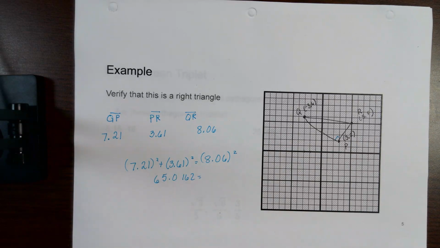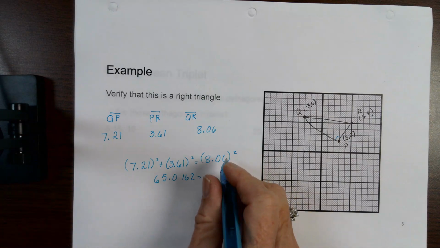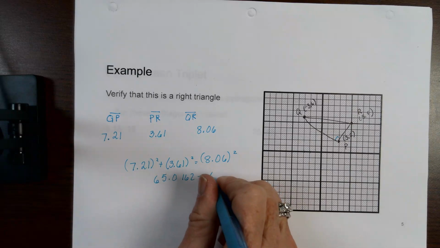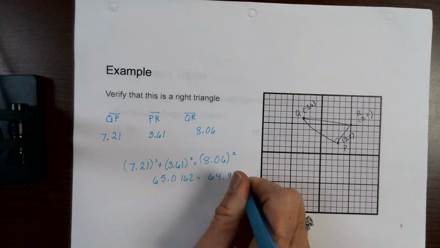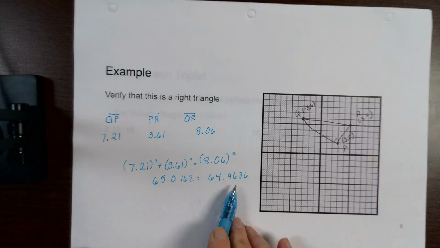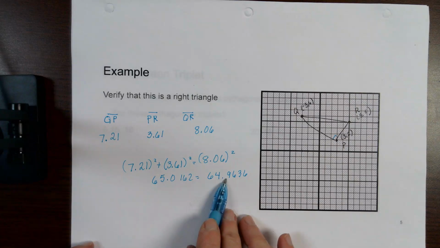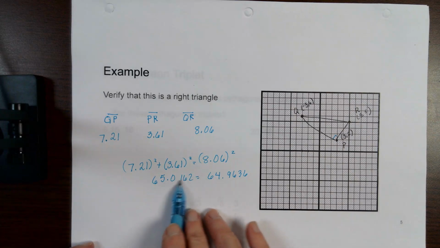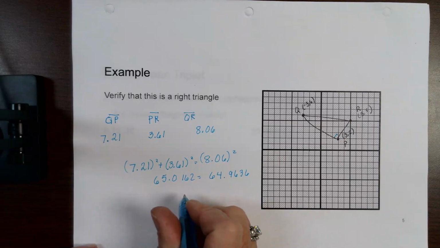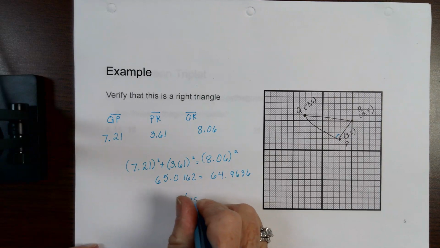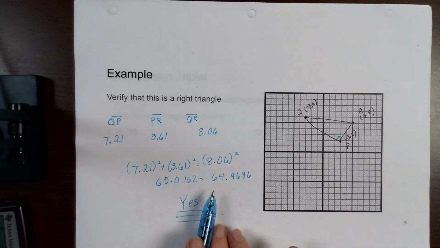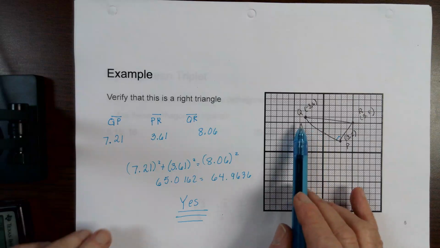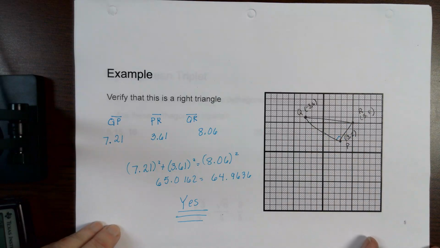I'm going to square this other side, and I'm going to get 64.9636. Well, you can see that this would round off to 65, so there's very little difference between these two. So I would say yes, this is a right triangle. Like I said, the only way to make it exact is if you do it by hand and leave it underneath the square root.